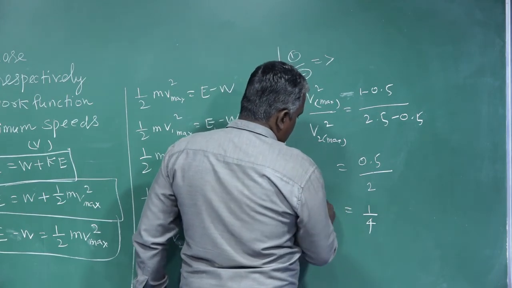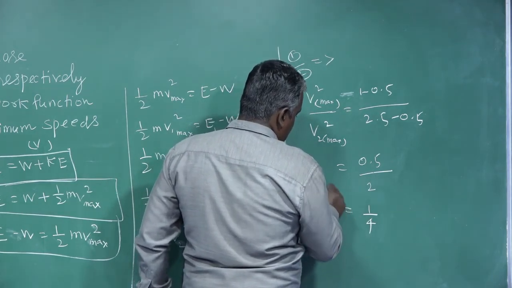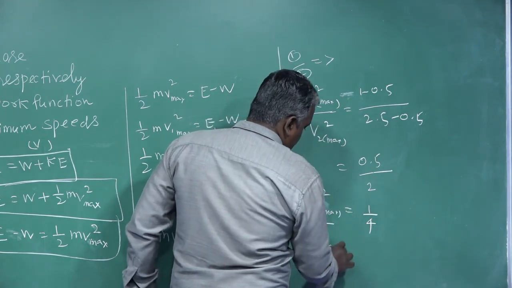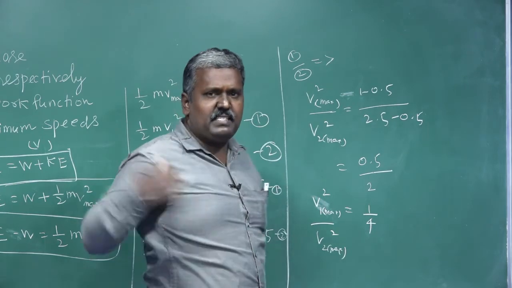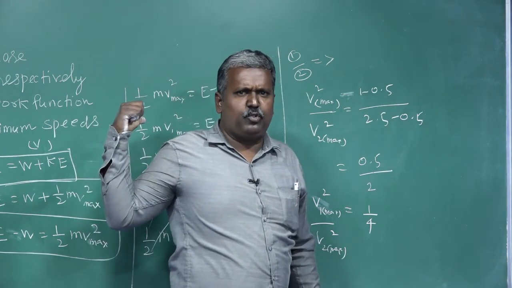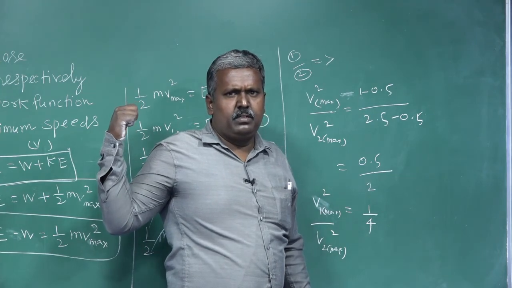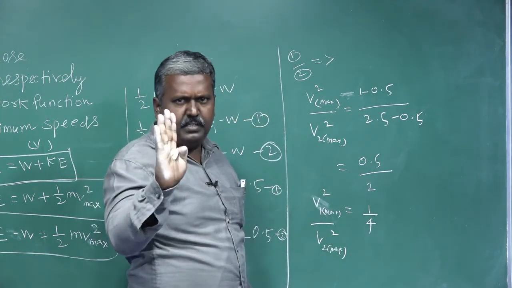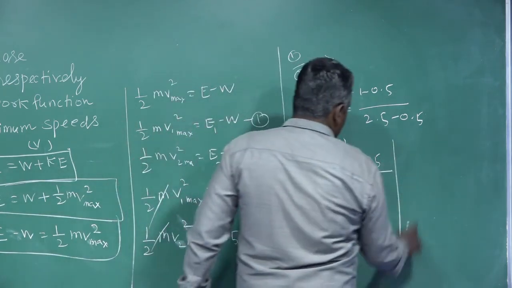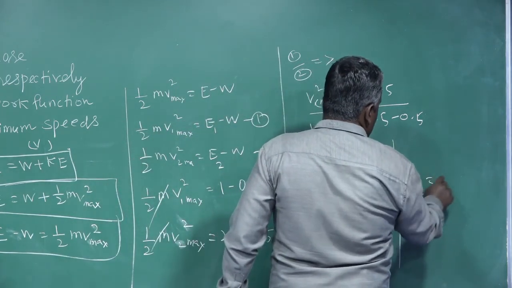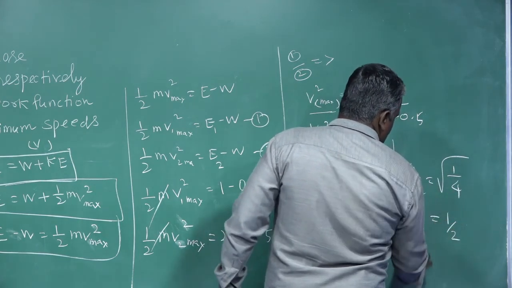So V1 maximum whole square by V2 maximum whole square is equal to 1 by 4. But here the question asks for the speed of the photoelectrons emitted from the metal surface, only the speed. So V1 by V2 is equal to 1 by 2.